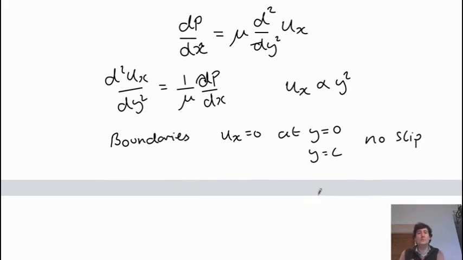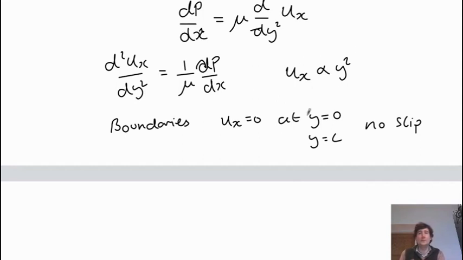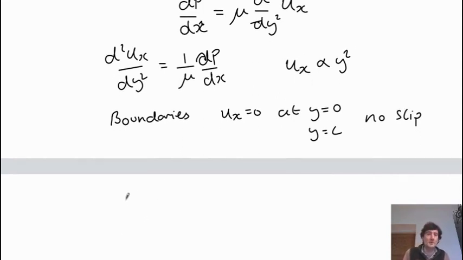And so using these boundaries and the fact that this is a quadratic, we can very quickly write down what ux must be. So ux must be something which has a y at the beginning, because when y equals 0, this must go to 0. It must have an L minus y, or y minus L, because now when y equals L, this must go to 0. And so this whole thing now satisfies the boundary conditions. And so we're left to work out the constants.